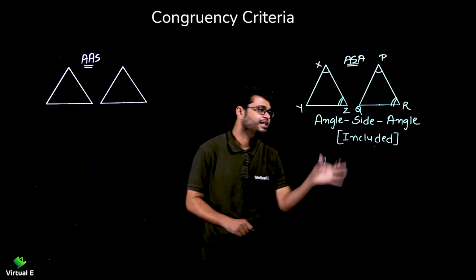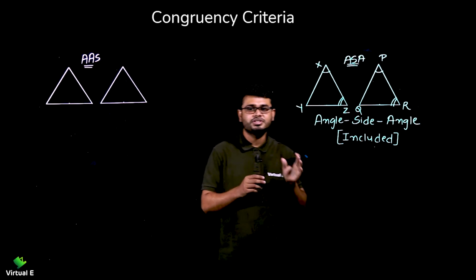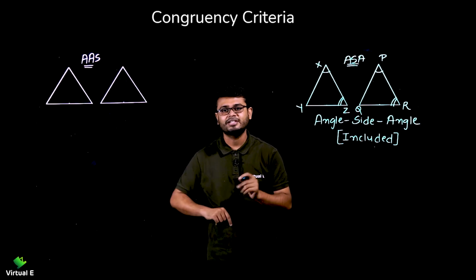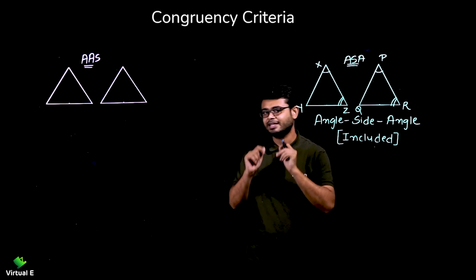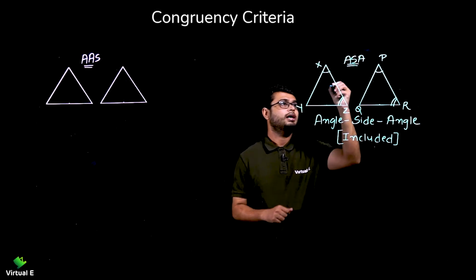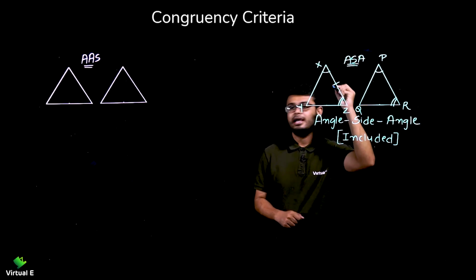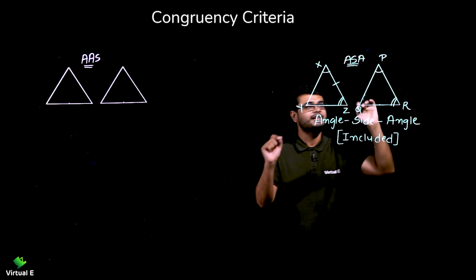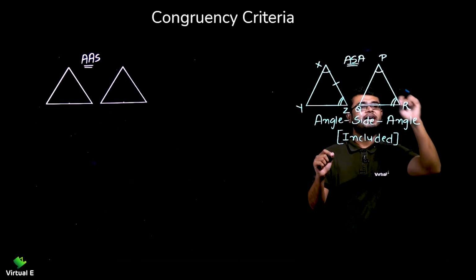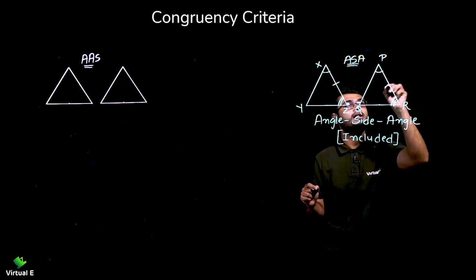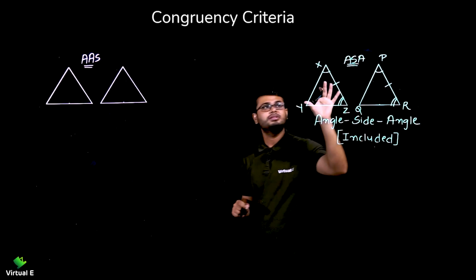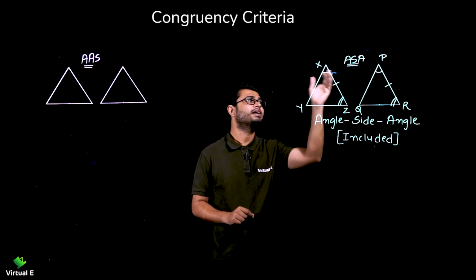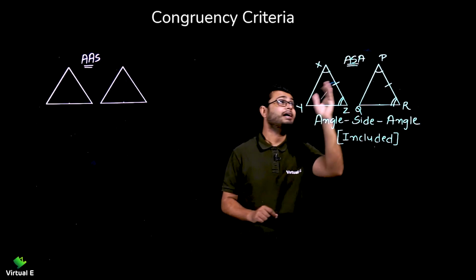Now if I want the included side, which is between these two angles, then what side shall I select? Compulsorily, that is the only condition. So XZ here, right? And we need to take the included side between angle P and angle R, which is PR, right? So these two sides should be equal compulsorily. Then only we can follow this criterion, angle, side, angle.